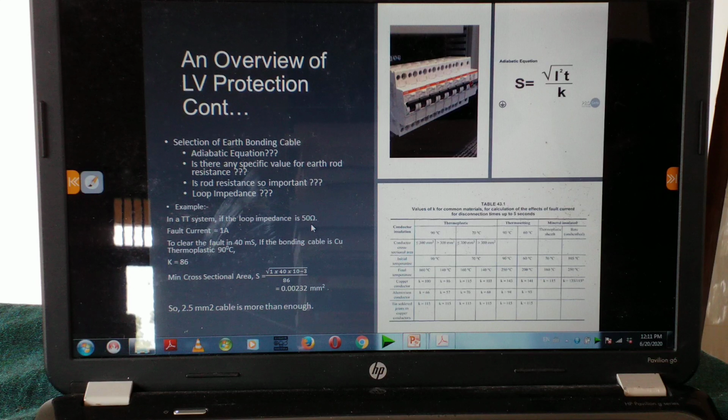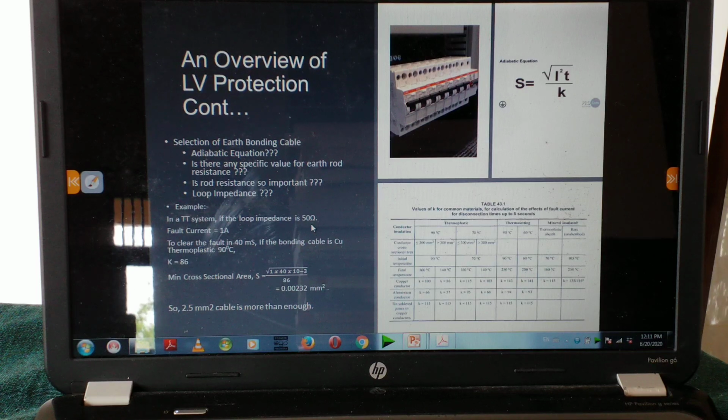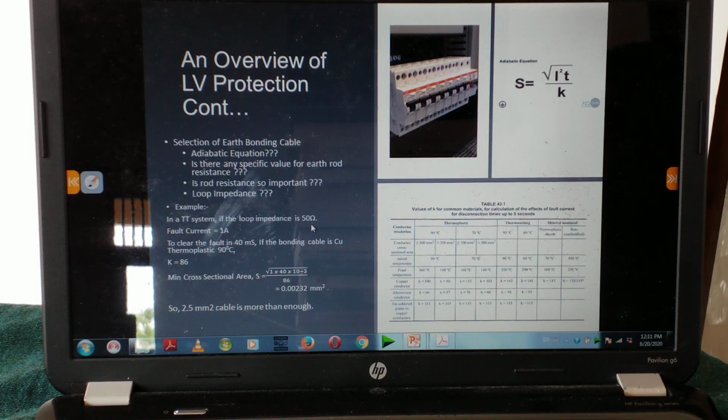For 1 amp, we can apply an RCCB. The normal fault clearing time is 40 milliseconds. In an RCCB it depends on the rating, 30 milliamp or 300 milliamp, and within 40 milliseconds it will trip the system.